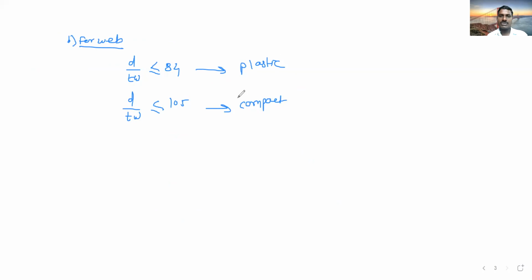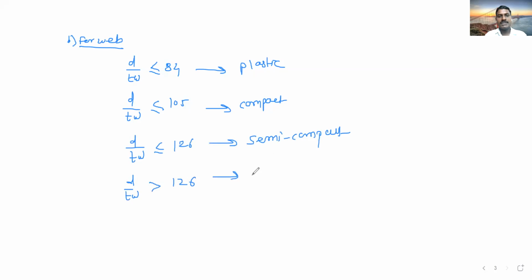This is given in IS code also. D by TW less than or equal to 126, semi compact classification. And D by TW greater than 126, it is a slender classification.